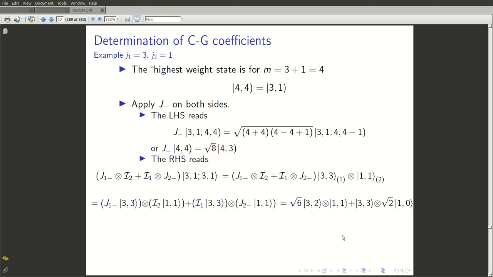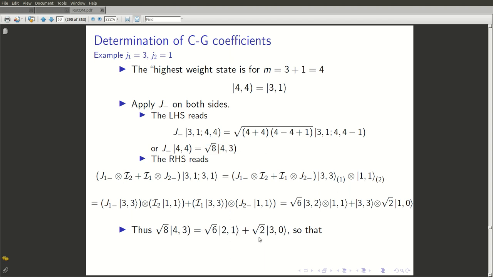So combining them all together, remember this |3 2; 1 1⟩ is in our notation |3 1; 2 1⟩, and this one is |3 1; 3 0⟩, and we will just drop the |3 1⟩ from both sides. So we get root 8 |4 3⟩, which is the left hand side, must equal root 6 |2 1⟩ plus root 2 |3 0⟩.